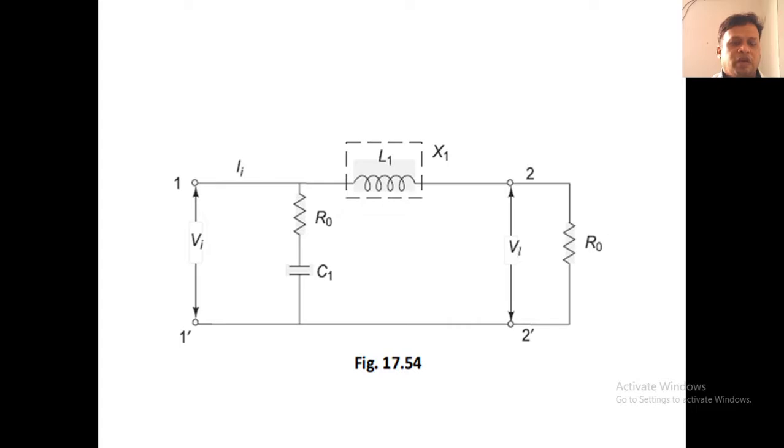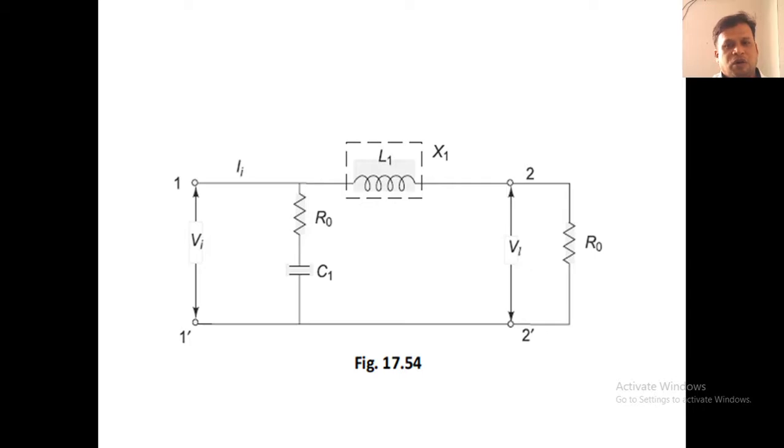If you see the circuit here, it is having 1 dash as well as 2 dash. What are this 1 dash and 2 dash? These are the 2 port ends, and we are having input voltage Vi and output voltage VL on the 2 ports, and across the ports we are having R0.